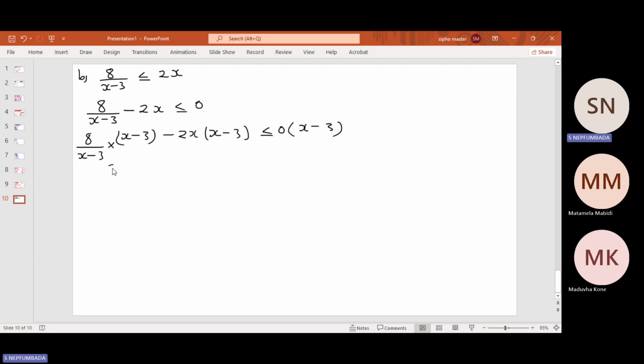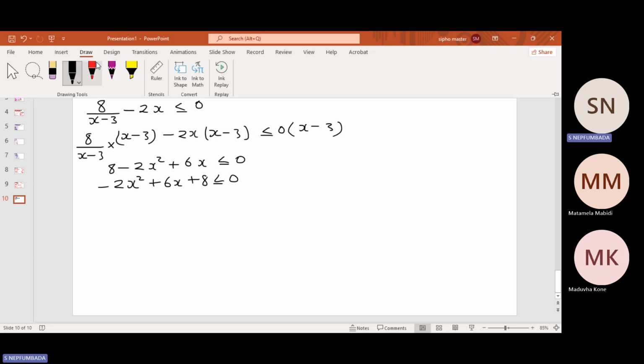Then this one cancels. We're left with 8 minus 2x squared plus 6x is less or equal to 0. Then we put our equation in standard form. Minus 2x squared plus 6x plus 8 is less or equal to 0.